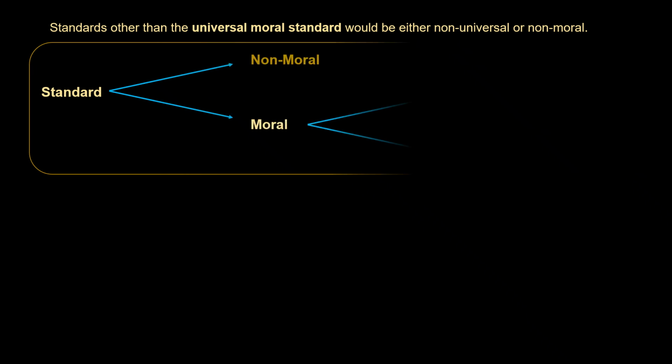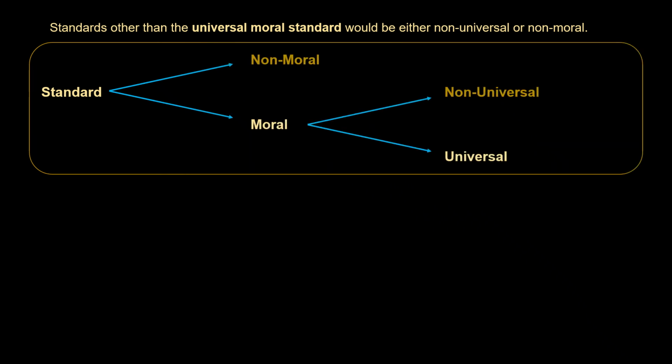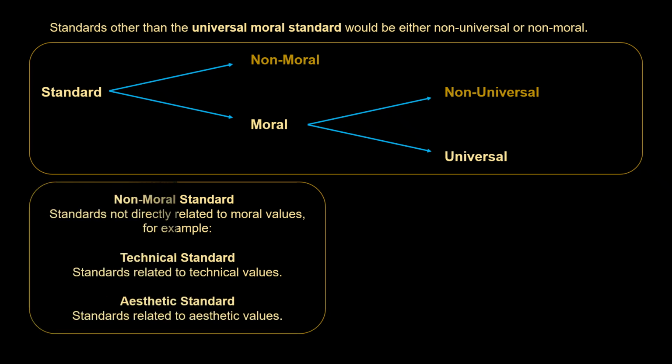Standards other than the universal moral standard would be either non-universal or non-moral. Non-moral standard means standards not directly related to moral values. For example, technical and aesthetic standards mean standards related to technical and aesthetic values, respectively.